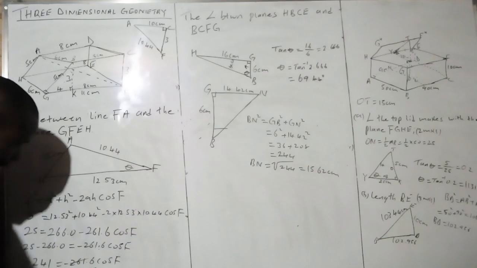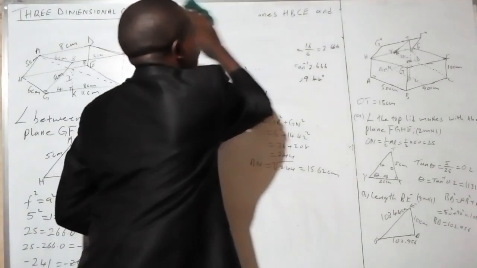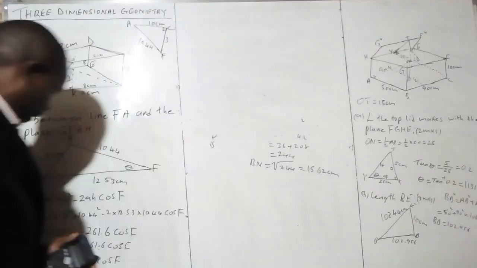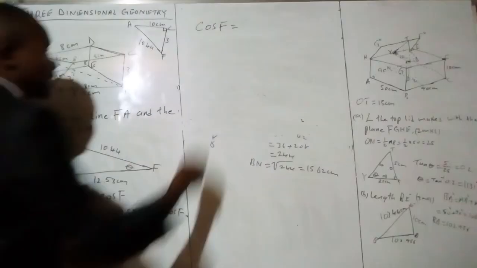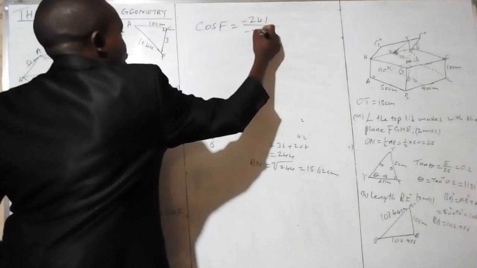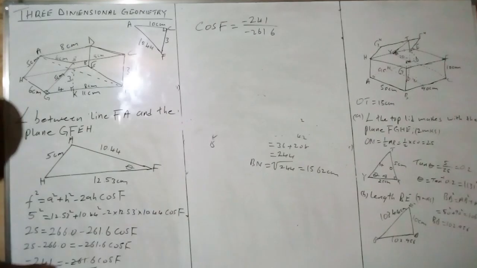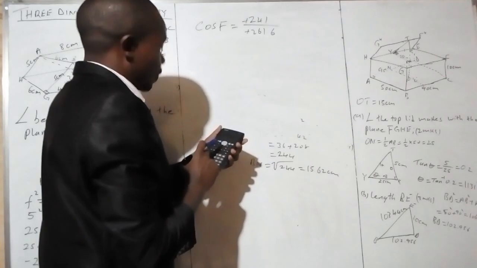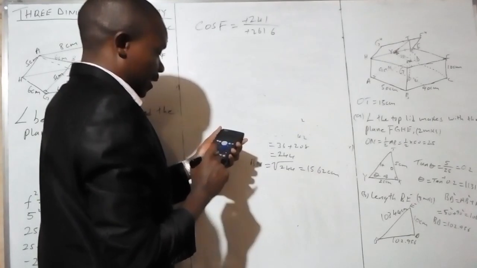And we are going to have cos F is equal to negative 241 over negative 261.6, yeah, like that. Then negative divided by negative is positive, 241 divided by 261.6.